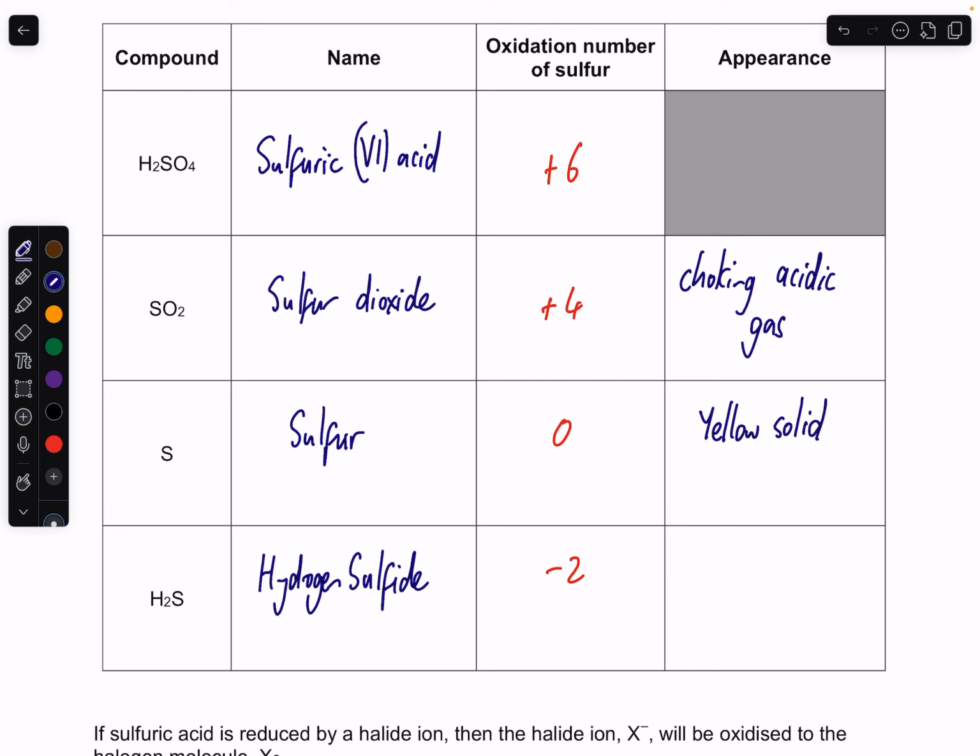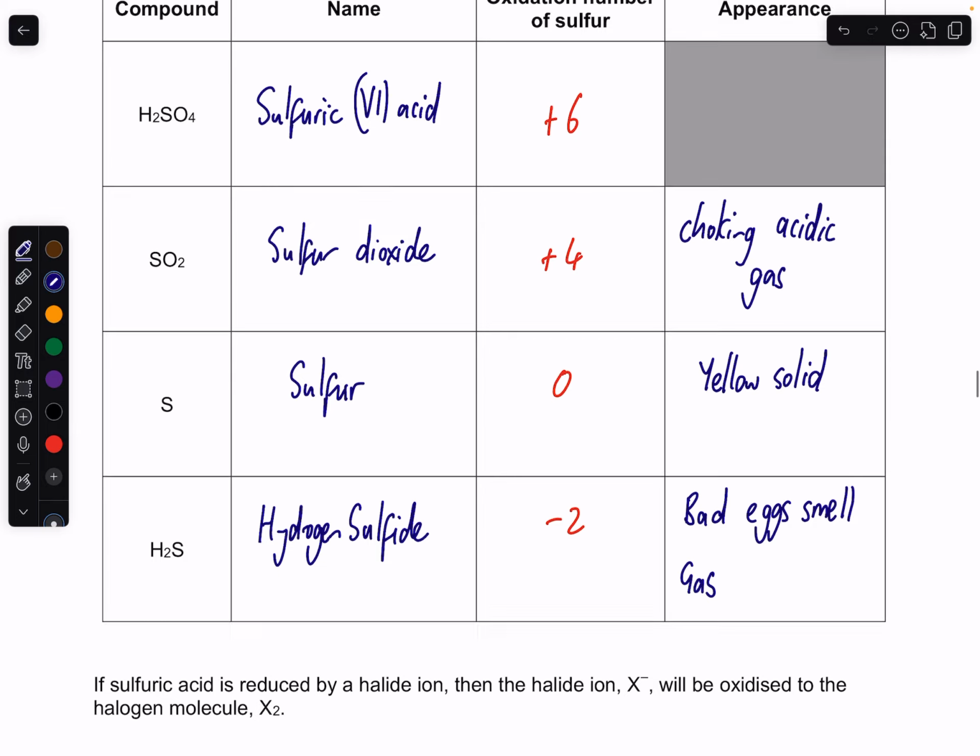And lastly, hydrogen sulfide is a gas, and it's got a bad eggs smell associated with it. So we're going to see whether or not the halide ions can reduce the sulfur to the various different oxidation states that we've got in the three other sulfur containing compounds.